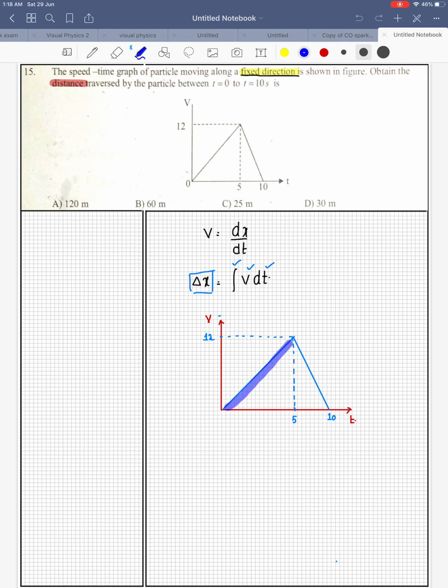What is the area under this curve? This is the area. What is this area? Area of the triangle. So delta x equals half, base is 10 and height is 12. So you get 60 meters. So the answer is B.